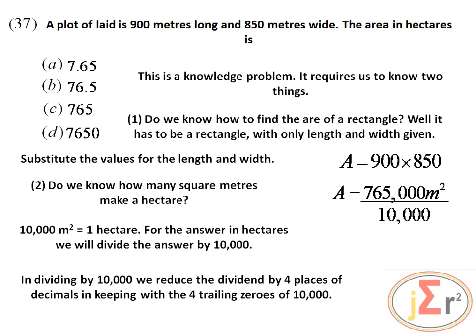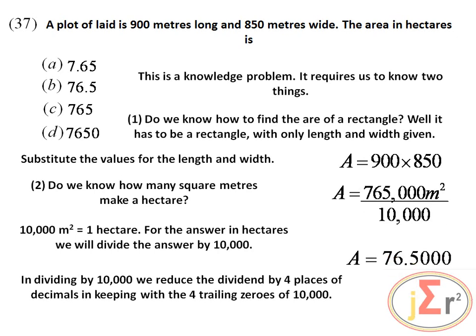of 10,000. Usually when we are talking about straight powers of 10, multiplying and dividing, we generally make use of simple rules. This is of course another power of 10, to the extent that we have 4 zeros here, 10 to the power of 4. So we need to reduce this by 4 places of decimal.